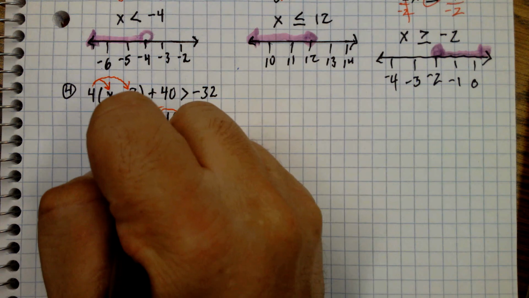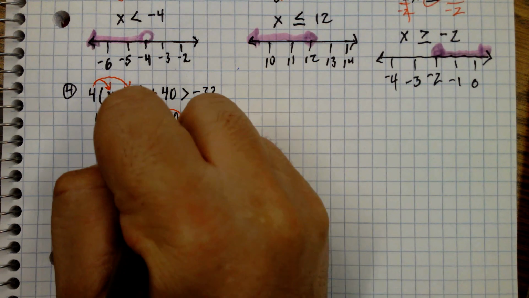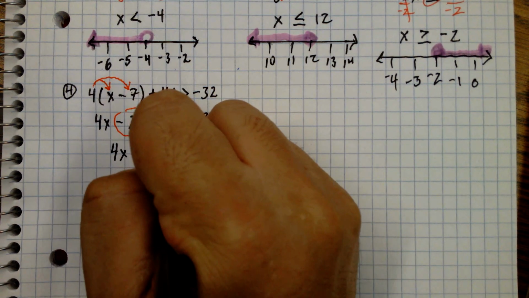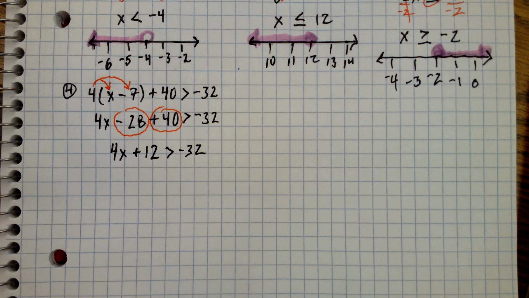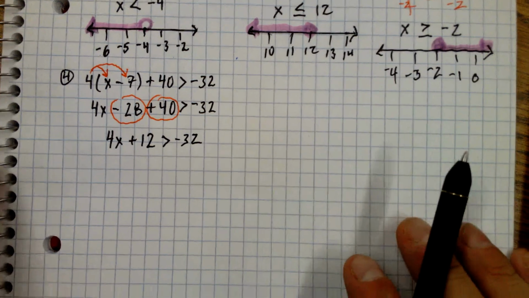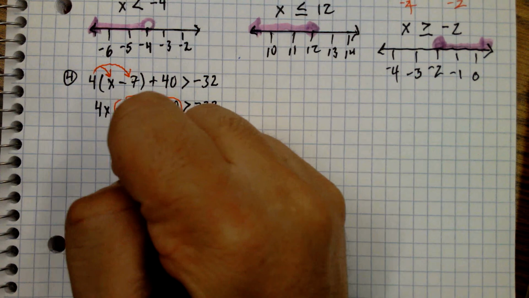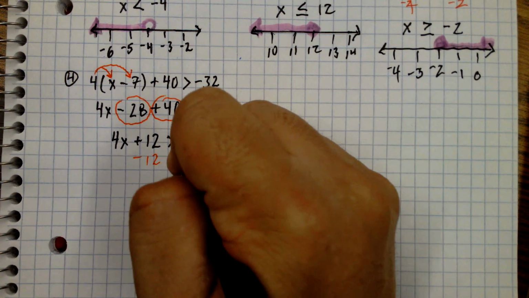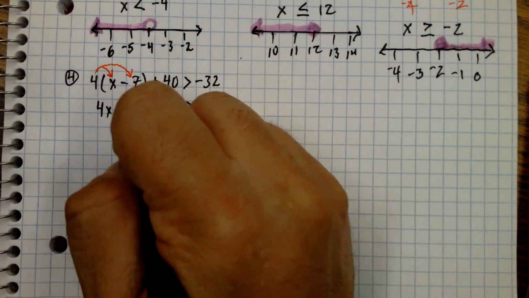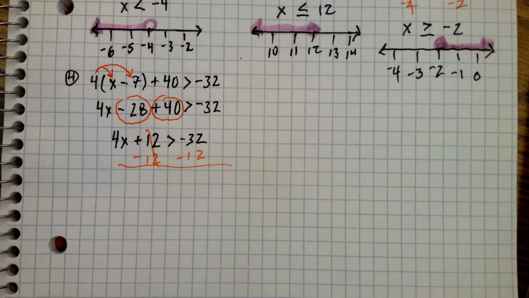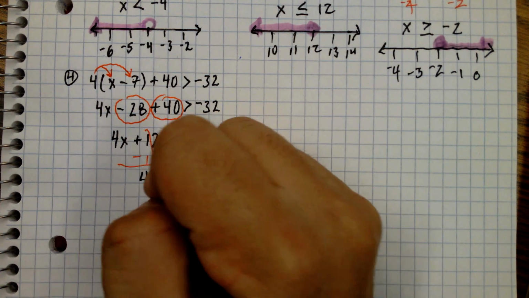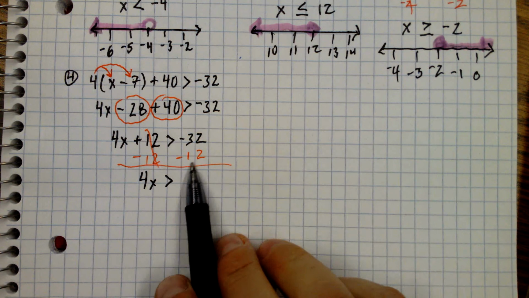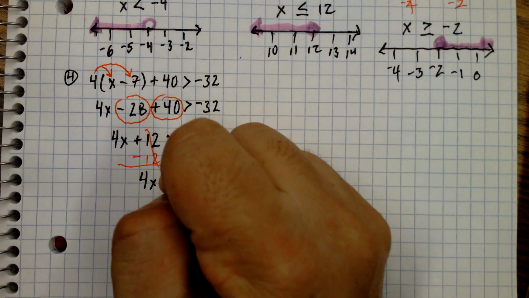Oh, yeah. 4x plus 12 is greater than negative 32, which means we'll go ahead and remove the 12. Now it's a two-step inequality. Let's get rid of it, so we get 4x is greater than, and then we have negative 44.